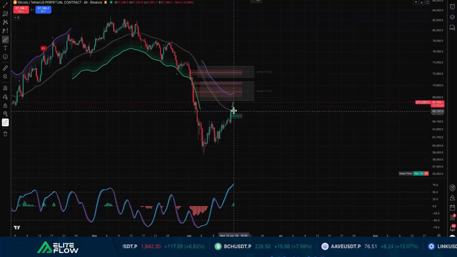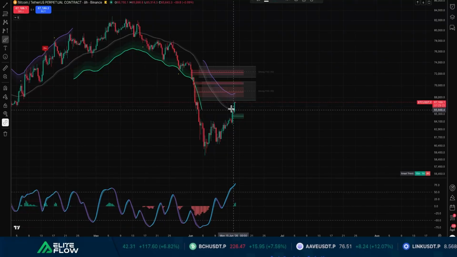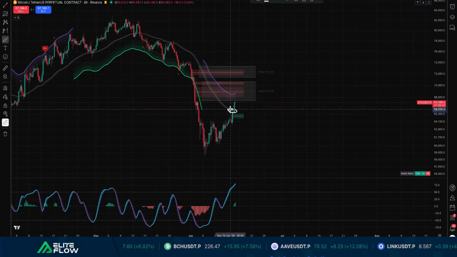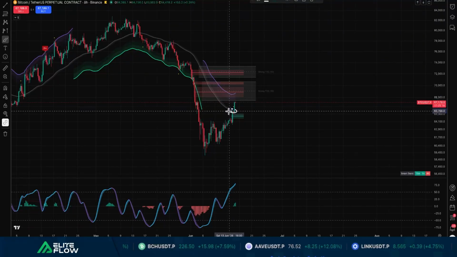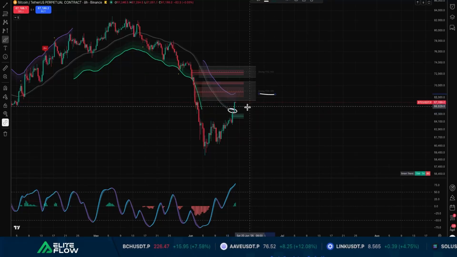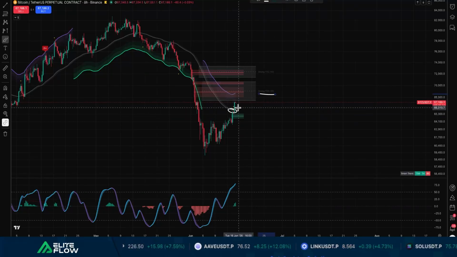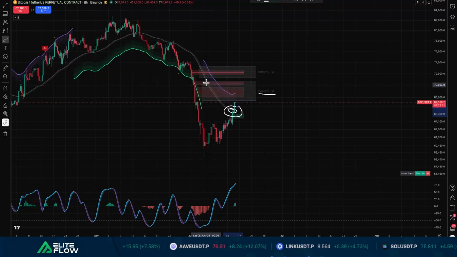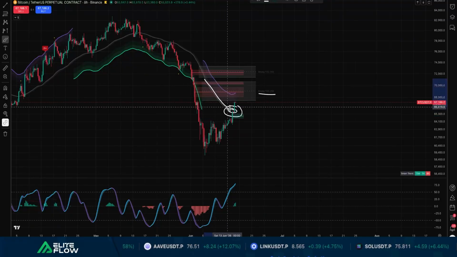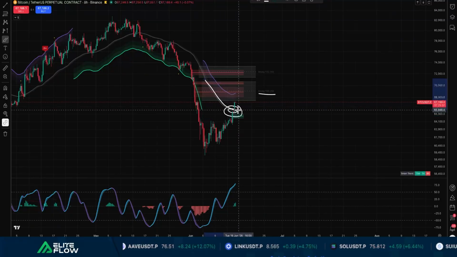One of the reasons why I wanted to take this trade, which was around there, was that we had a daily fair value gap and a 4-hour fair value gap, all in this area with the smart trend coming along very nicely inside it. So this whole area was a really good and juicy place to look for a short.